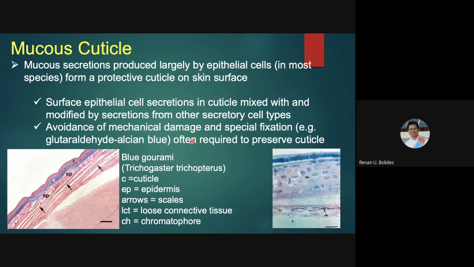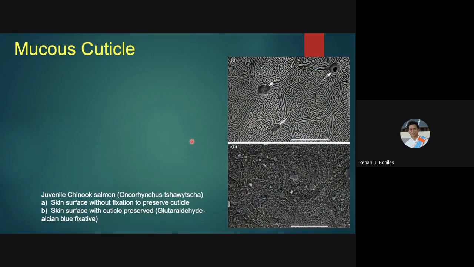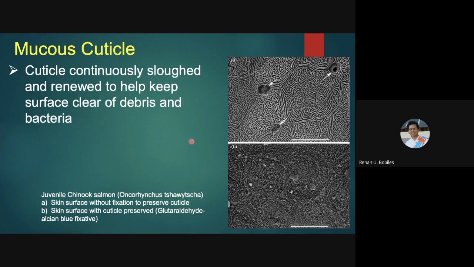Sa surface ng nail, ng kuko natin. Cuticle. Okay? So yan. So the cuticle is continuously sloughed off and renewed to help keep the surface clear of debris and bacteria.